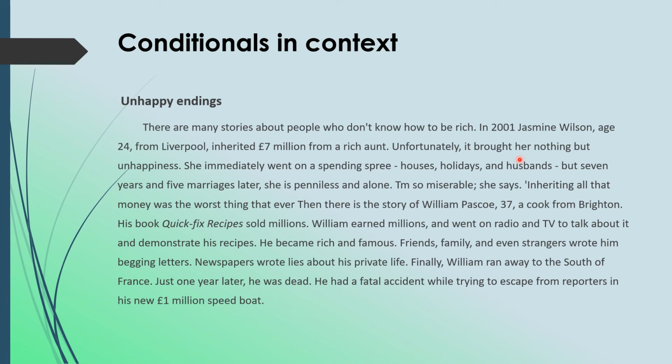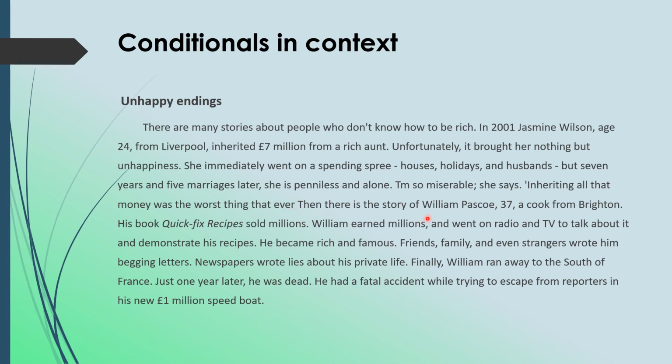She had 5 marriages. She spent 7 years with those houses and holidays, and now she is without any money. It is so miserable, she says. Inheriting all that money was the worst thing that ever happened to her.